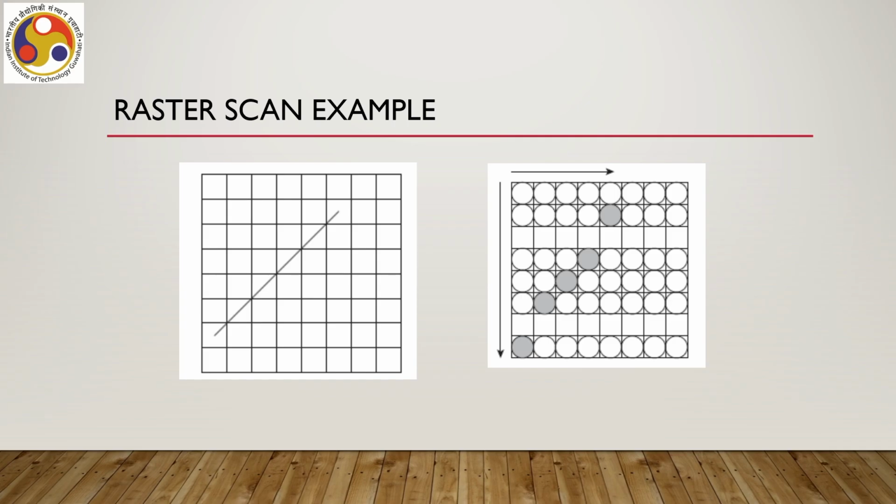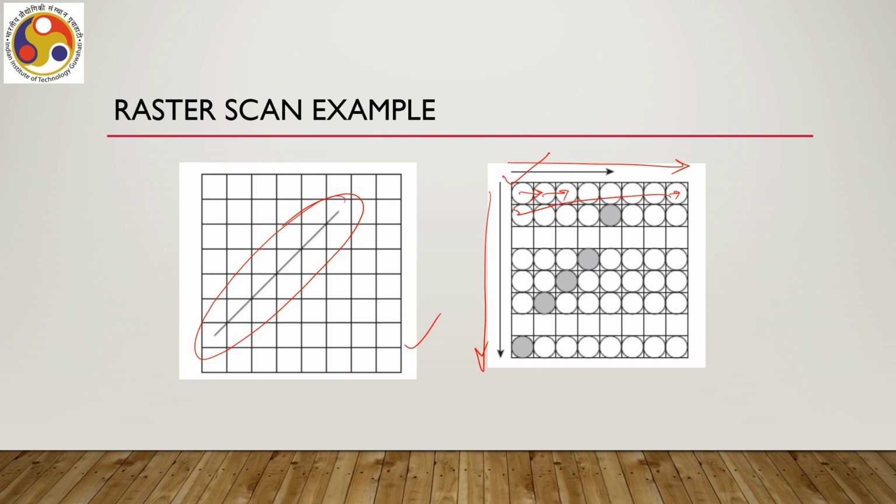Let us see an example. Similar to the previous one, we want to render this line on this pixel grid. However, unlike in the previous case, here we will activate all pixels with this sequence, left to right and top to bottom. That means we will start activation from the top left pixel, then proceed to the next till the last pixel.